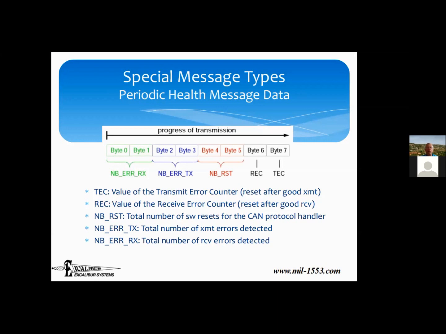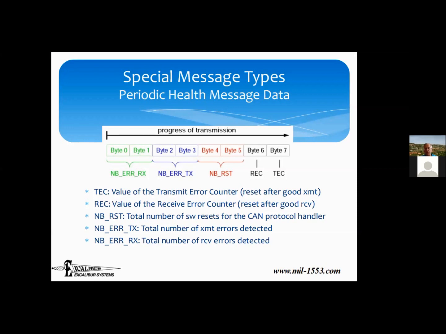Now, after you get a certain number of errors, a CAN bus turns itself off and it has to be reset. So in the health message, we tell you, has that happened and how many times? And then there are two 16-bit values telling you how many errors altogether you have had, because the TEC and the REC only tell you about the most recent situation.